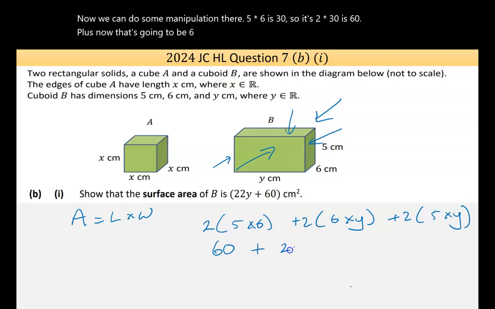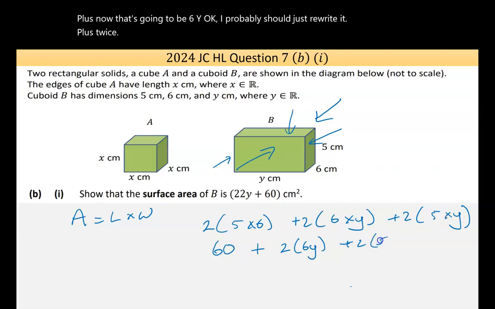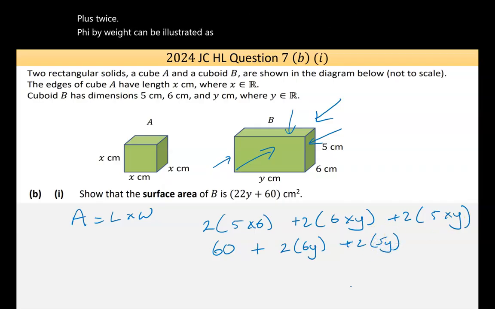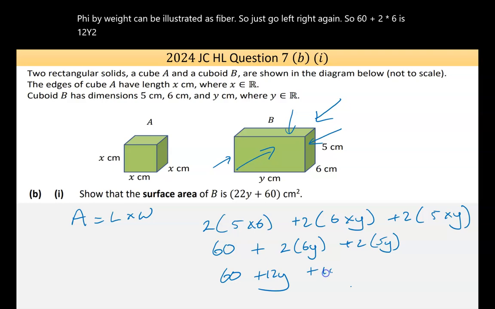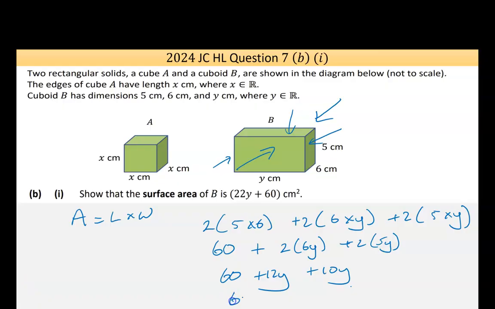Actually, I probably should just rewrite it. Plus twice 5 by y, which can be illustrated as 5y. So just going left to right again: 60 plus 2 times 6 is 12y, plus 2 times 5 is 10y. Then add those y's together, I get 60 plus 22y.